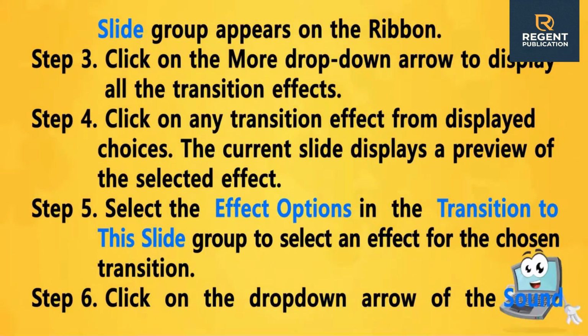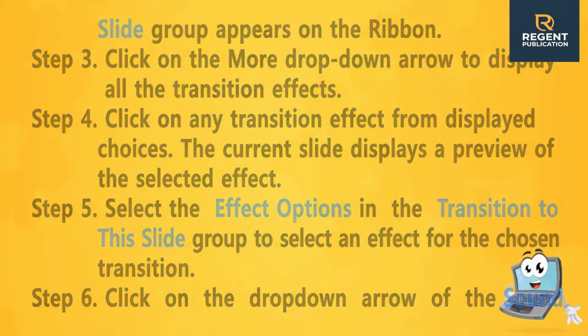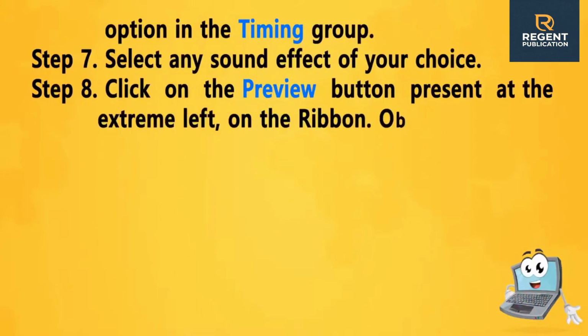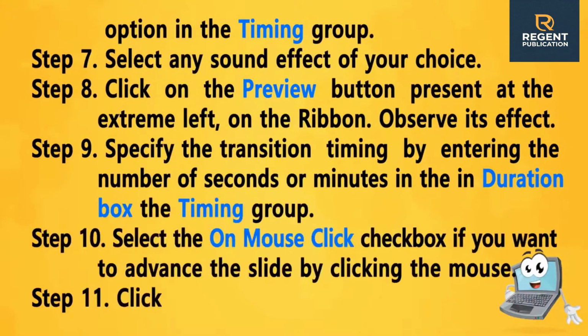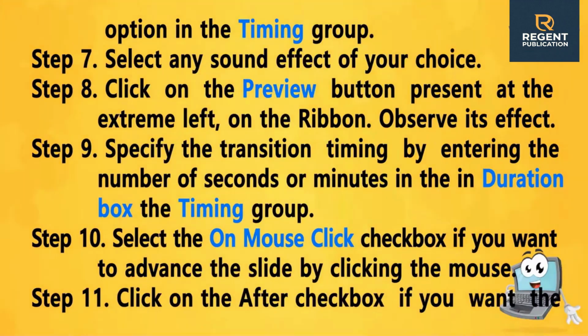Step 5. Select the effect options in the Transition to This Slide group to select an effect for the chosen transition. Step 6. Click on the drop-down arrow of the Sound option in the Timing group. Step 7. Select any sound effect of your choice. Step 8. Click on the Preview button present at the extreme left on the ribbon. Observe its effect. Step 9.